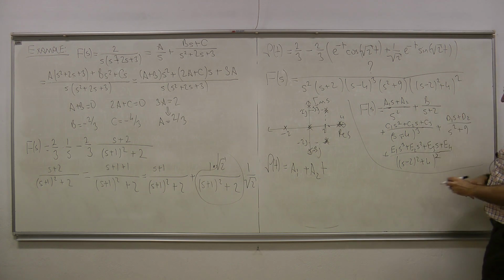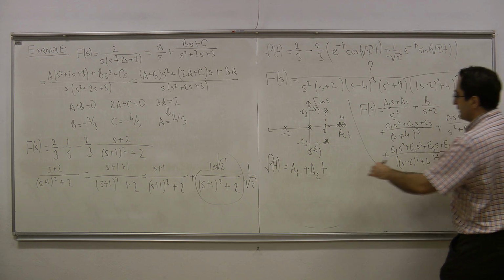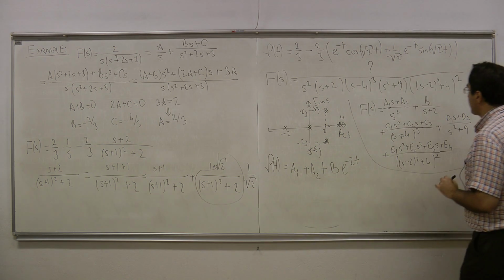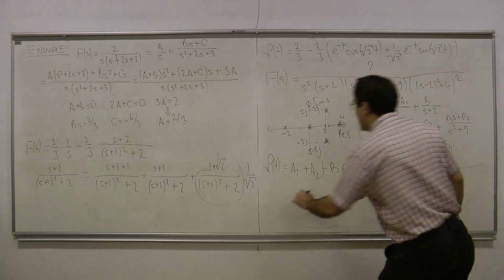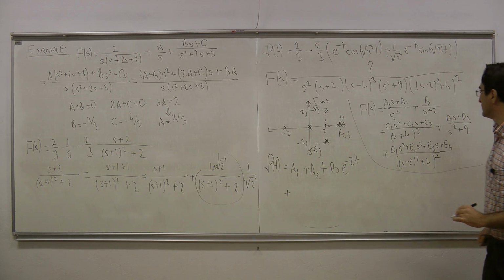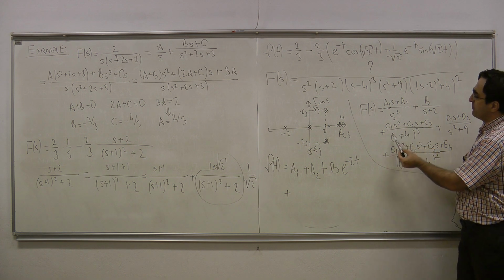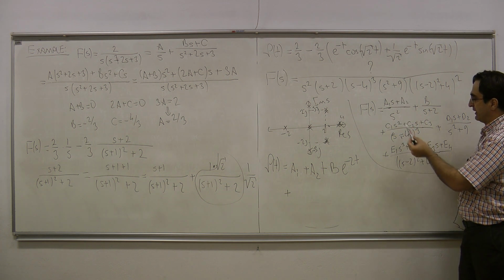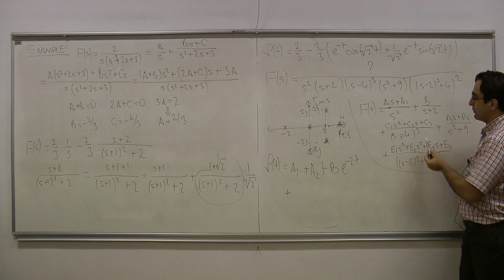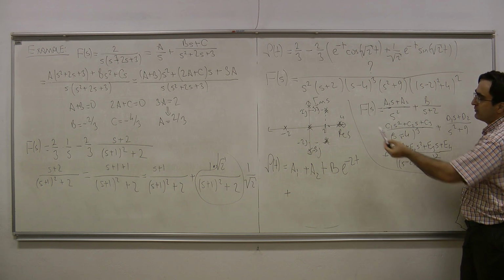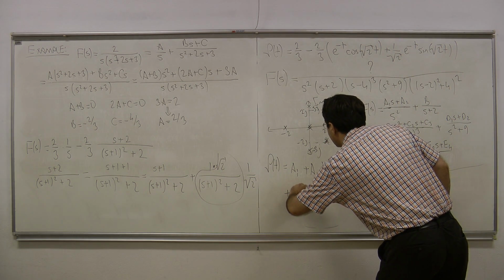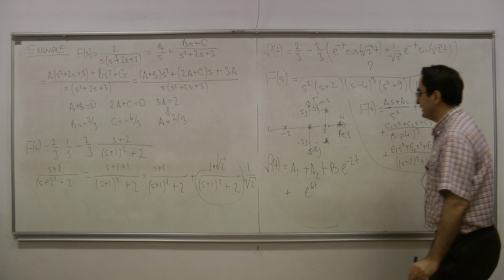Okay? And let us write the other terms. B times e to the minus 2t. This is like this. And now comes the more complicated terms. So I have a repeated pole at s equals 4. This is going to bring me e to the 4t, but there is a cubic order here, okay? When you have repeated poles, you're going to see that you will have e to the 4t.